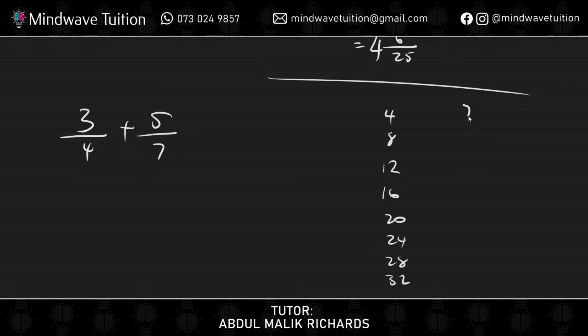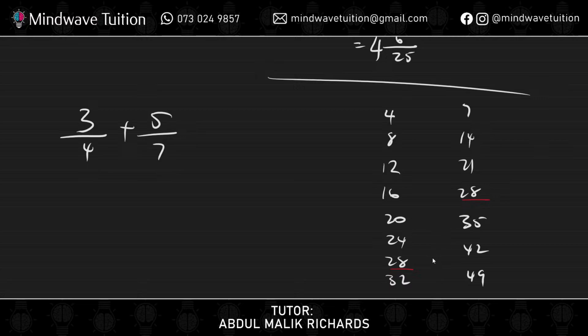And then the 7: 7, 14, 21, 28, 35, sorry, 42, 49. You don't have to go so far. We can already see that 28 over there is the first multiple that appears in both.